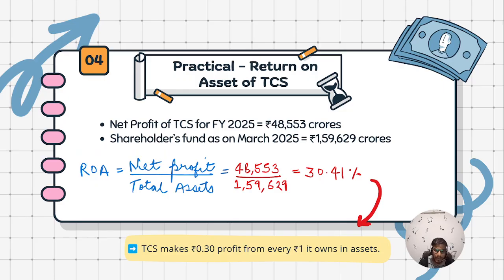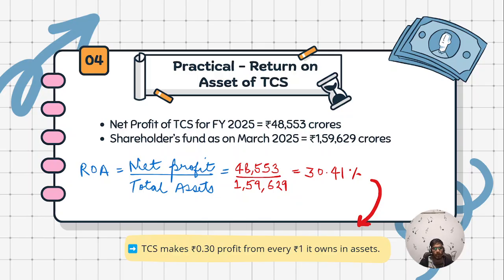Let's understand with a practical example. The net profit of TCS for FY 2025 is 48,553 crores. The figure of 1,59,629 shown here I called shareholder fund, I'm sorry, this is not shareholder fund, this is asset. There is some mistake in typing. This is actually the total assets of TCS as of March 2025, which stands at 1,59,629 crores.